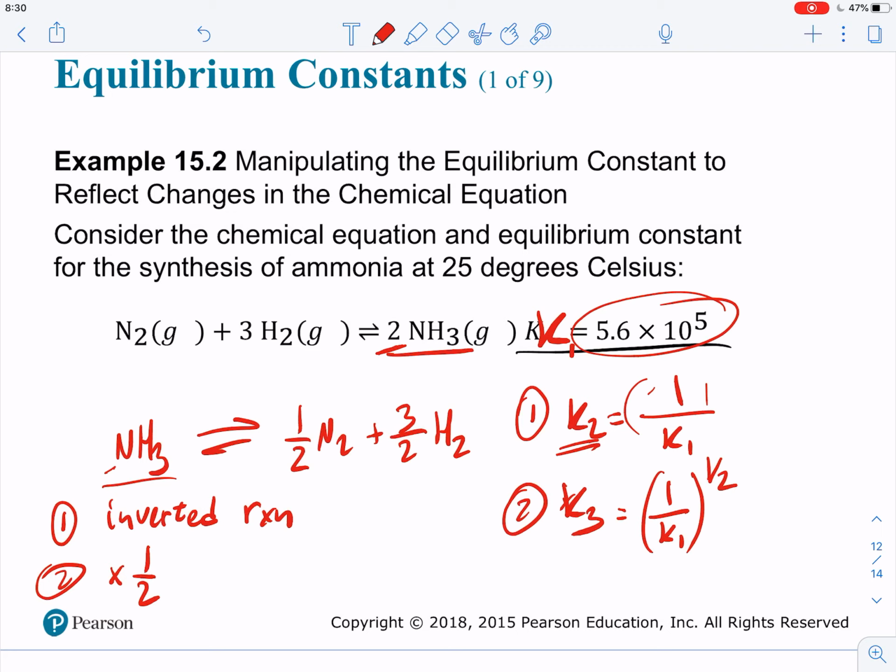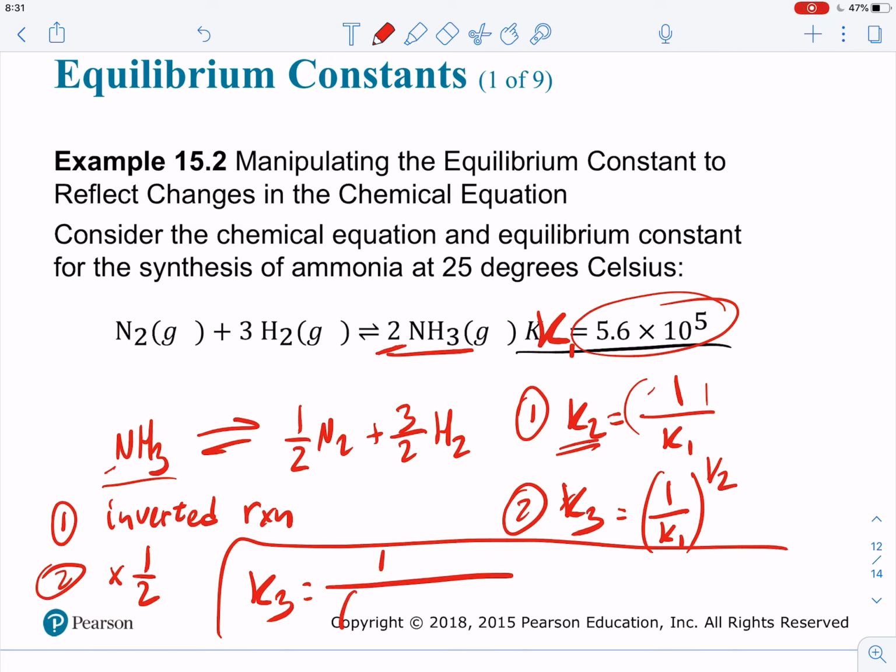Okay, so at the very end, let's do it on here. K3 is going to be 1 over 5.6 times 10 to the power of 5, the square root of that number.